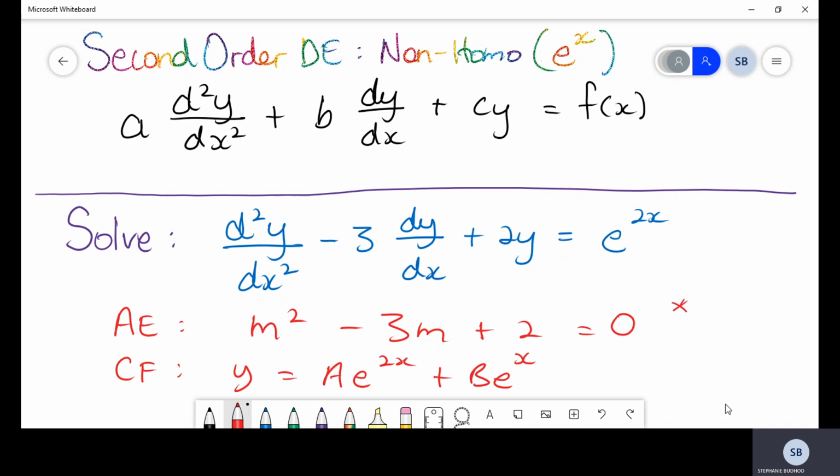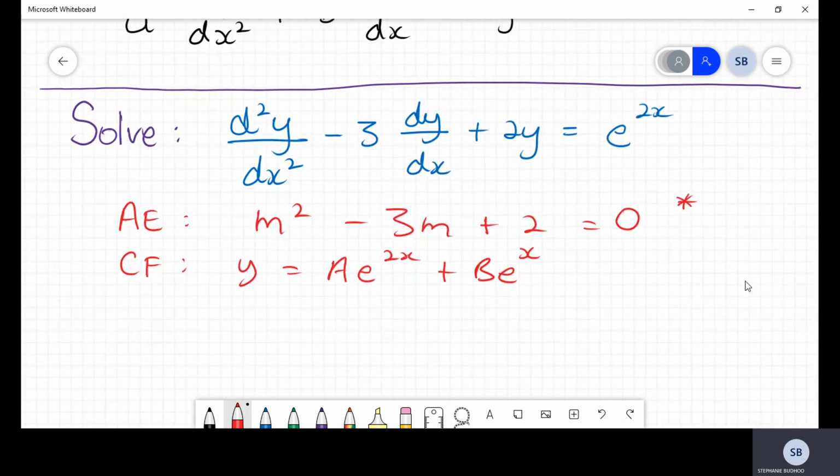We have done many examples like these, so please be sure to review some videos where it shows you how to get your roots to this auxiliary equation and how to develop your complementary function. Today we are actually interested in the particular integral and what it's going to look like.